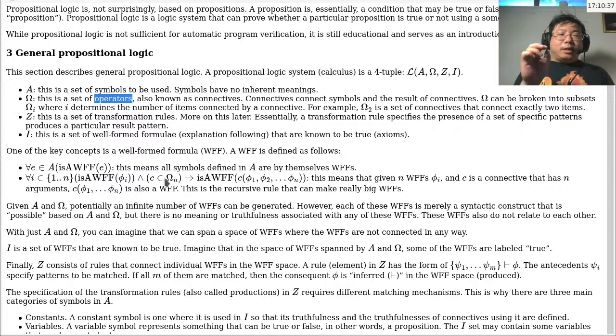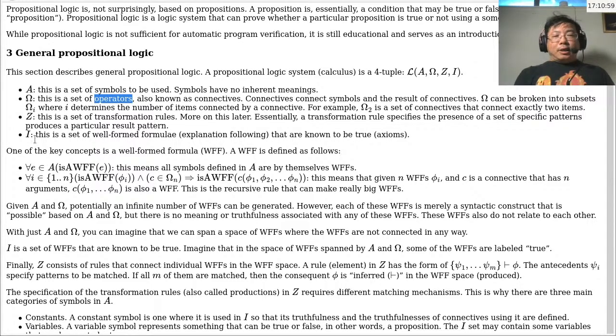It's going to be able to look at the well-formed formulae that are known to be true, and then derive and label additional well-formed formulae also to be true. I know that sounds really abstract at this point, but once we get to an example, we will be able to tell, oh, okay, so that's what it means.